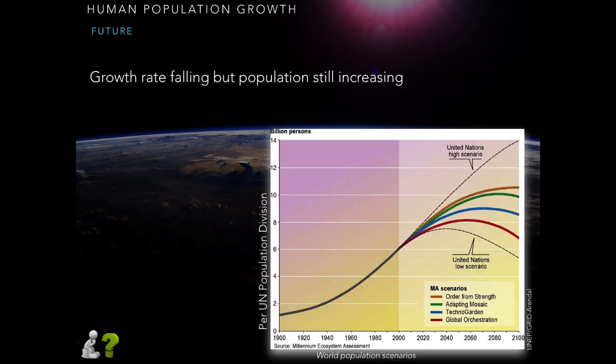Finally, with the last slide, I just wanted to give you some predictions made by a United Nations study. All of these different predictions, based on different scenarios, show that the human population will still increase over the next centuries, up to the end of the century, with a growth rate that will fall.